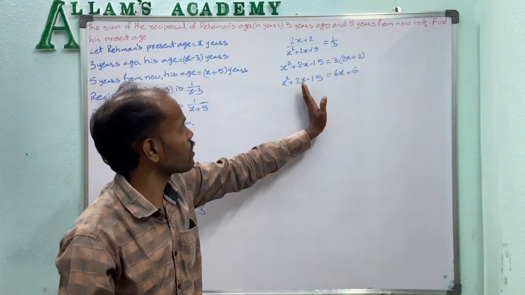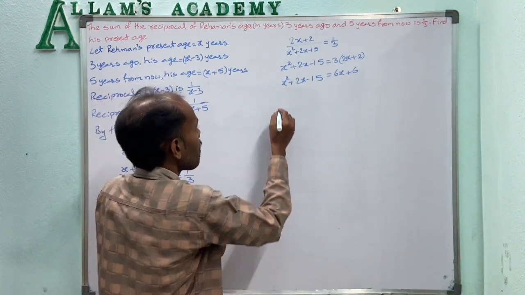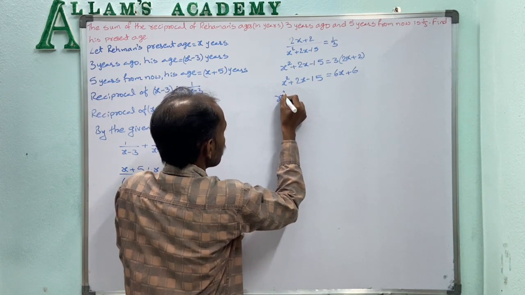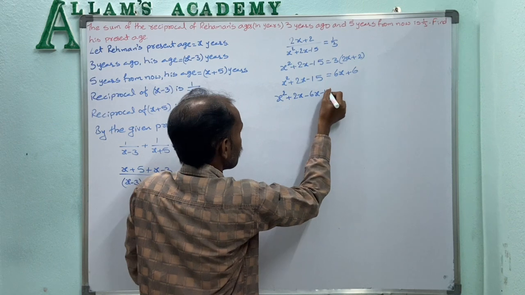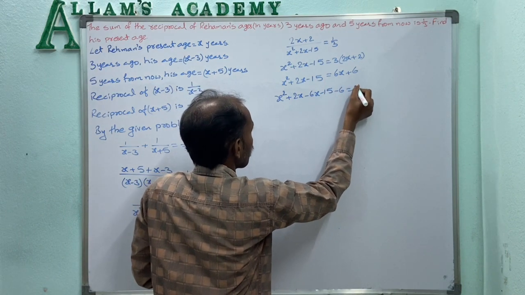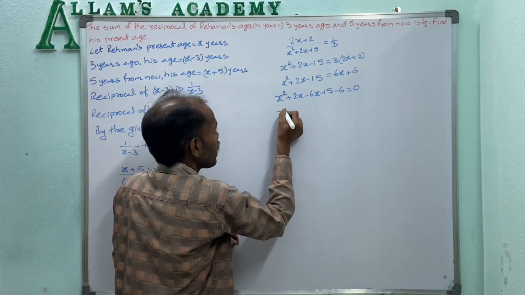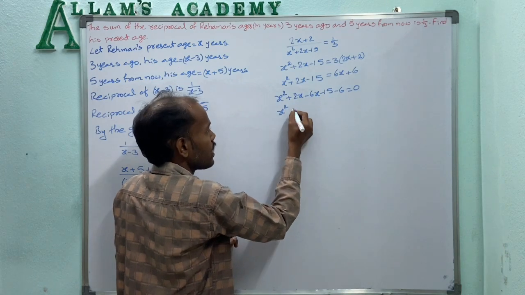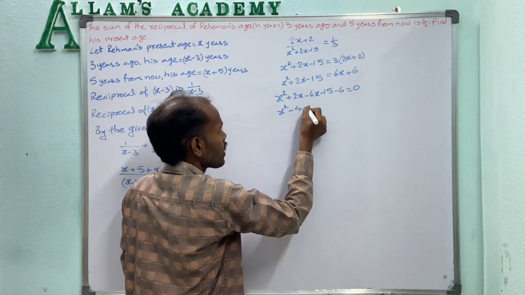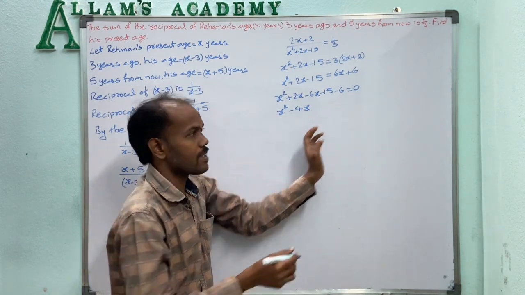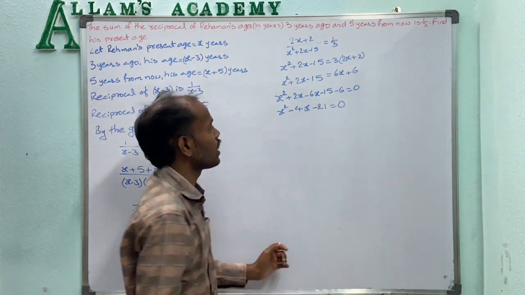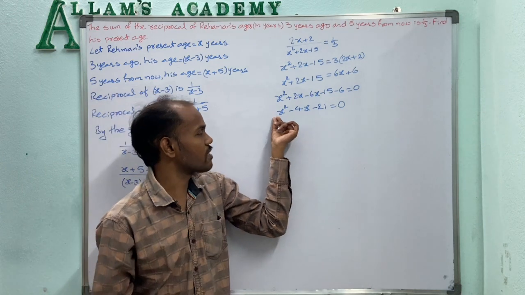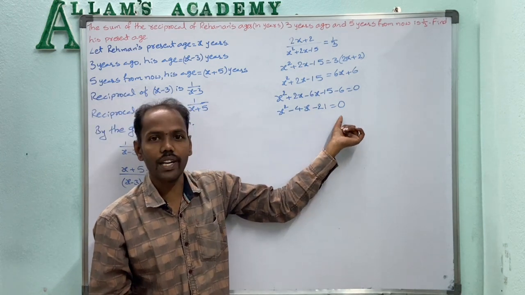Now plus 6x plus 6 transfer to this side, minus 6x minus 6. So x square plus 2x minus 6x minus 15 minus 6 equal to 0. So x square plus 2x minus 6x is minus 4x, minus 15 minus 6 is minus 21, equal to 0. Now here the quadratic equation is x square minus 4x minus 21 equal to 0.